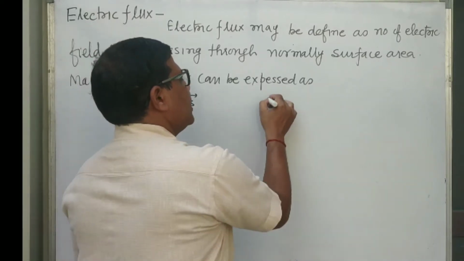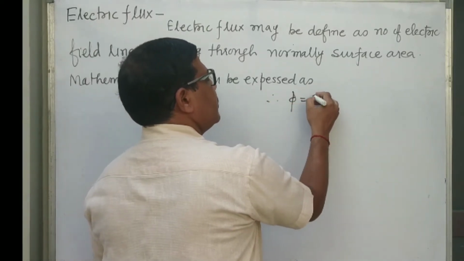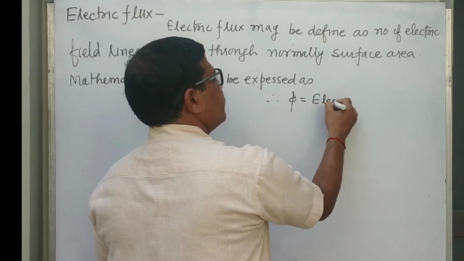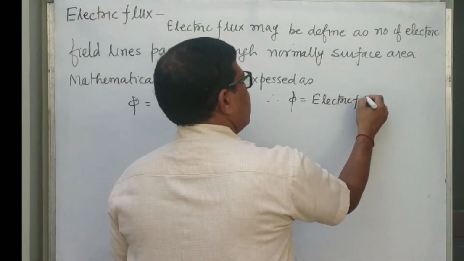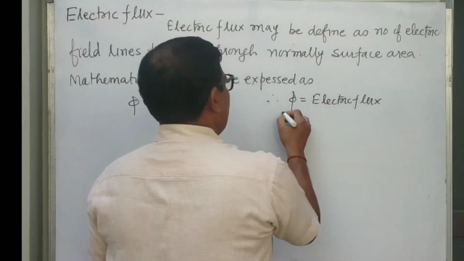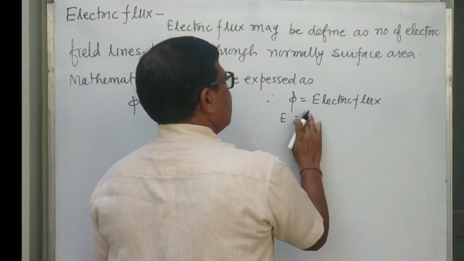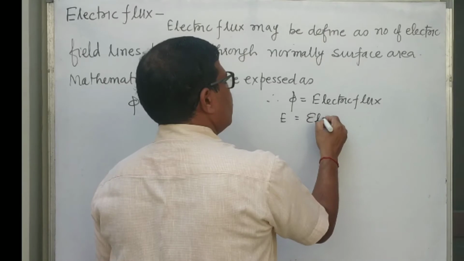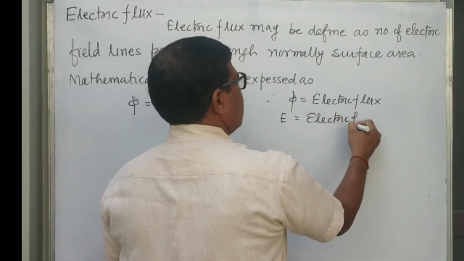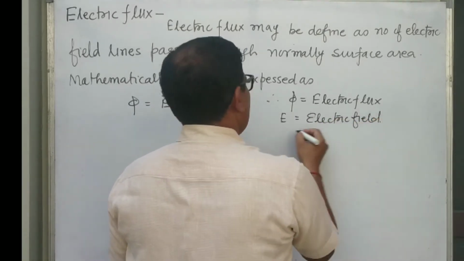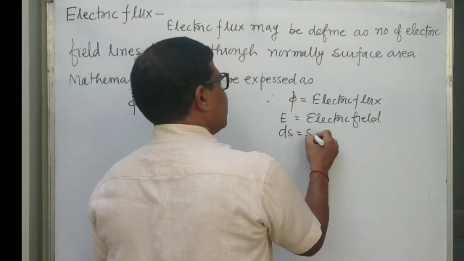Phi is the representation of electric flux, E is the electric field, ds is the surface area.